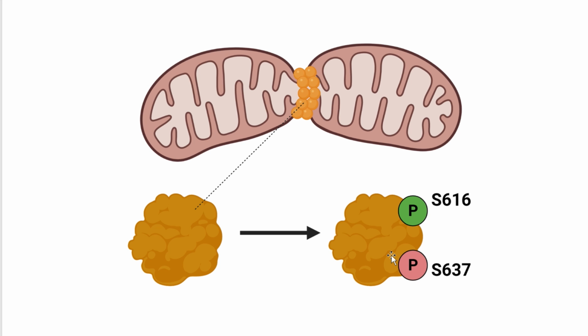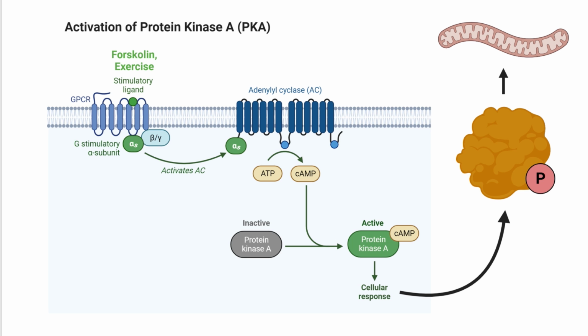You don't need to know these molecules. I'm just throwing them in there for the people that want to nerd out and have a little bit of molecular biology background. But I'm going to focus on the phosphorylation. The fact that there's phosphorylation is really the big takeaway that I want you to get from this, because we're going to be discussing it right now.